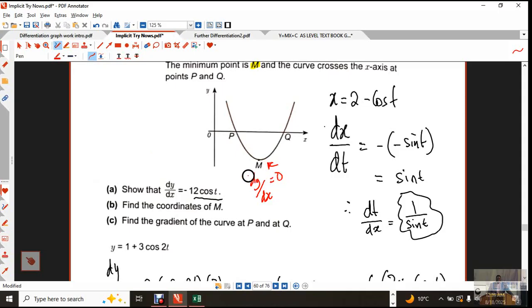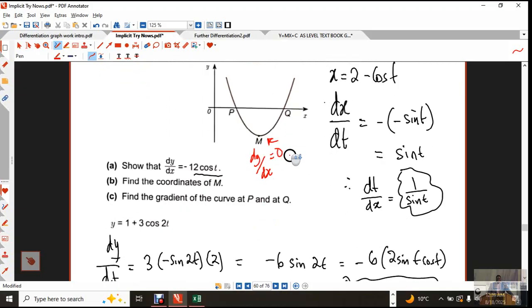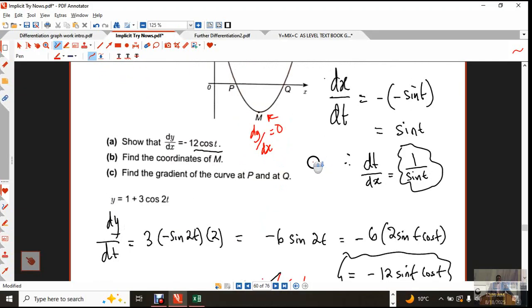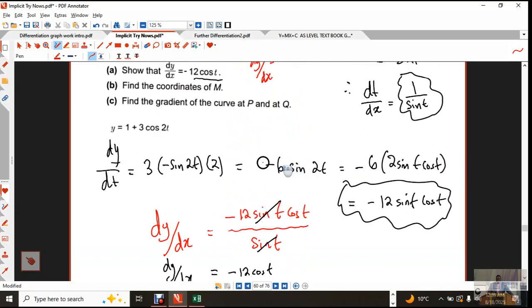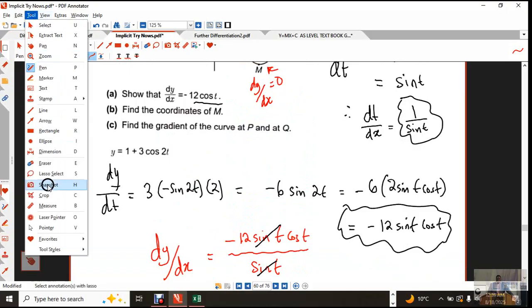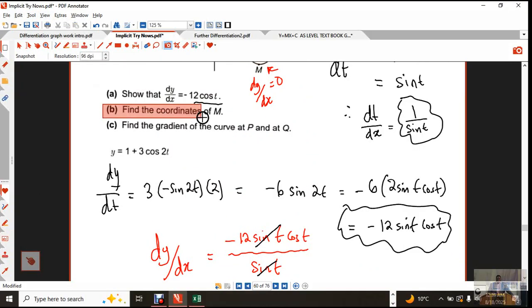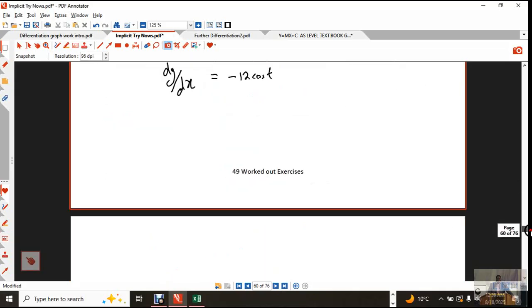They say the curve crosses the x-axis at those 2 points. Right, so let us find then the coordinates of M. And to find the coordinates of M for part B, maybe I need to bring part B in there. So let's take part B.